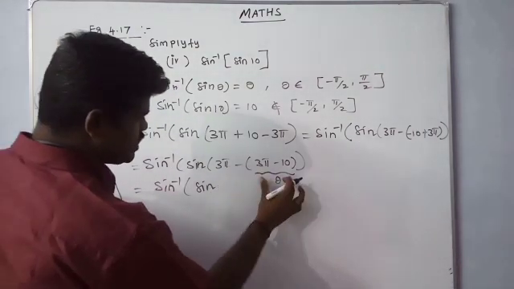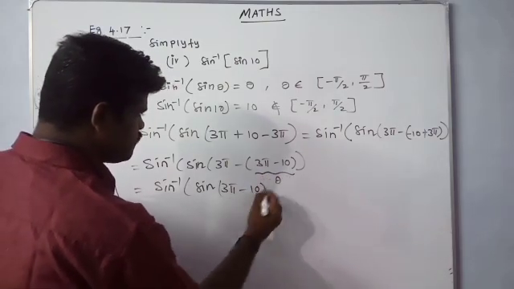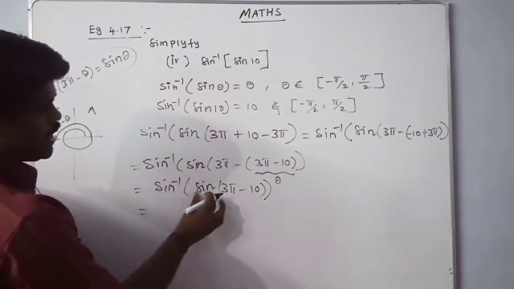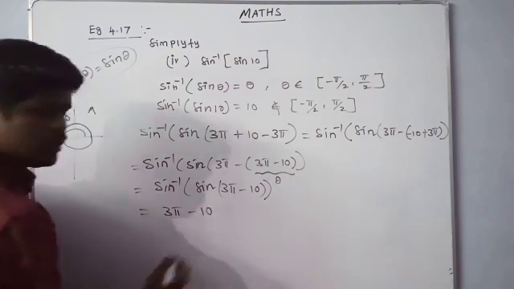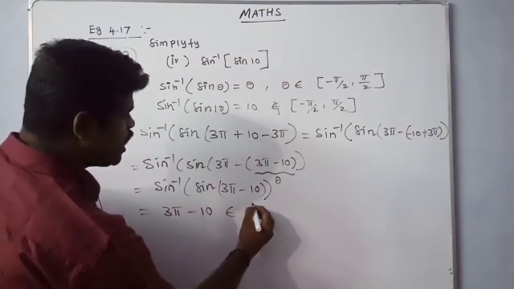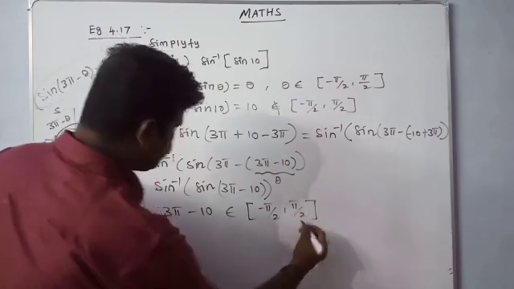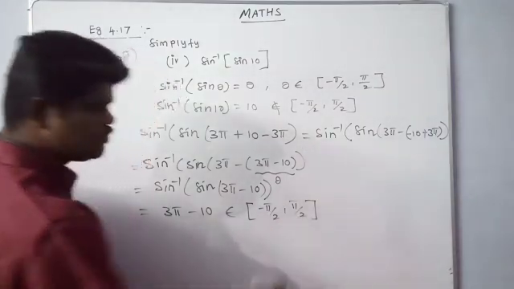Here sin 3 pi minus 10, and we want to cancel this sin inverse sin. Directly we can write 3 pi minus 10, because this belongs to minus pi by 2 to plus pi by 2.